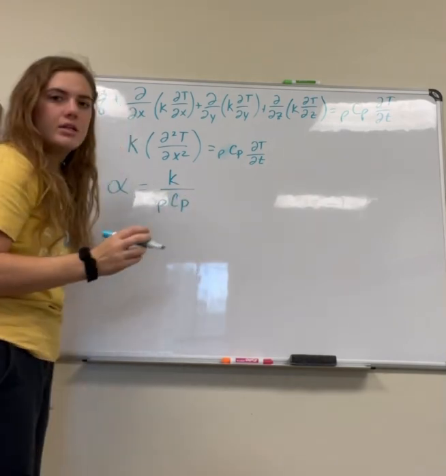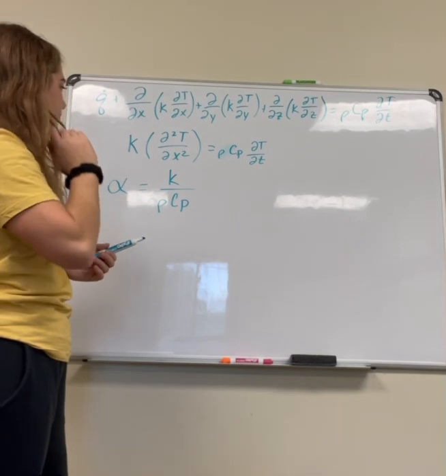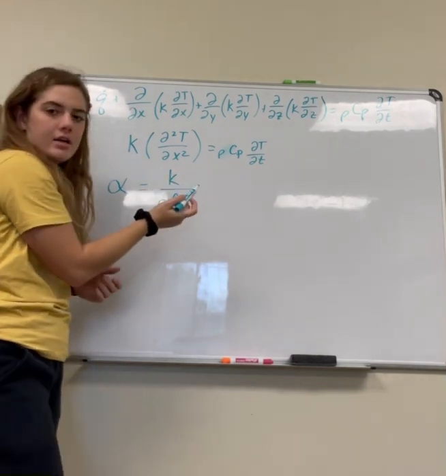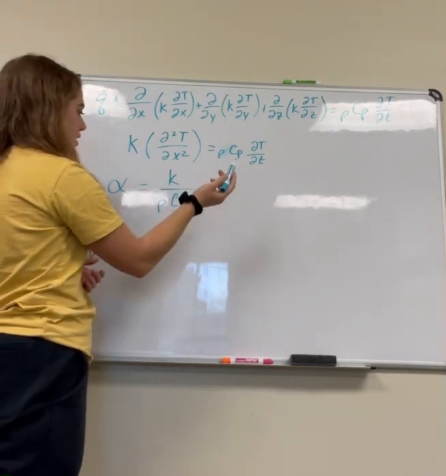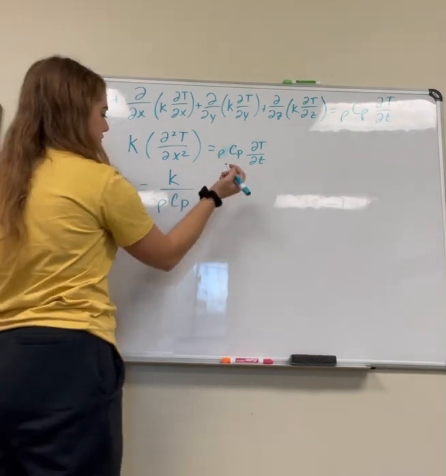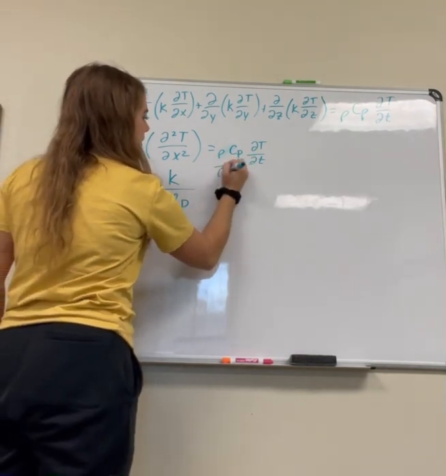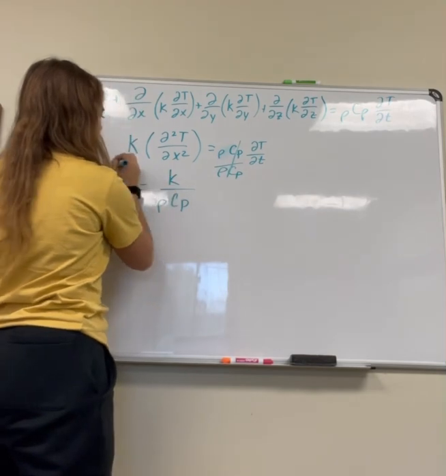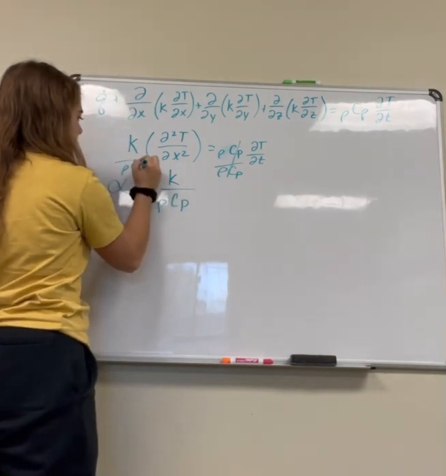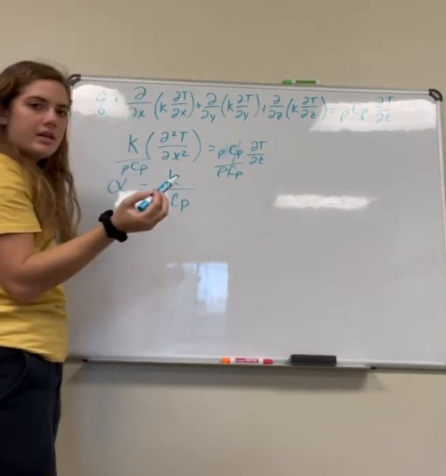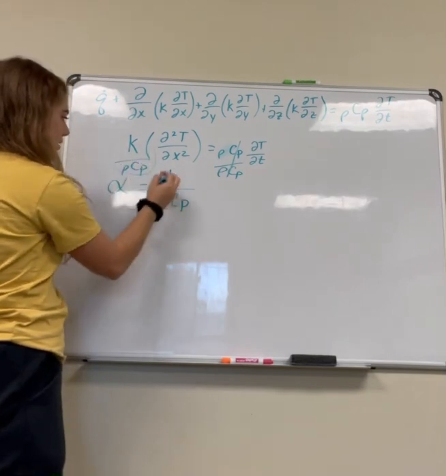density times heat capacity. And so then if you take a look at our simplest form right here, if you just do a little bit of rearranging, so if you divided by the density and heat capacity on this side, and then over here on this side as well, you can see that this and this matches up.